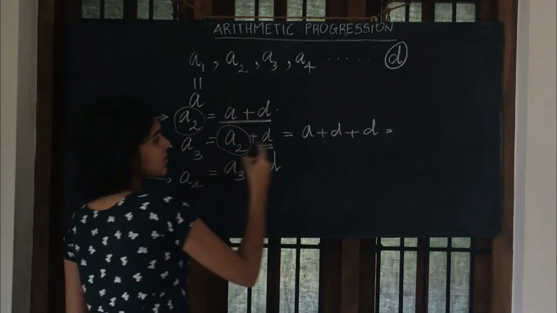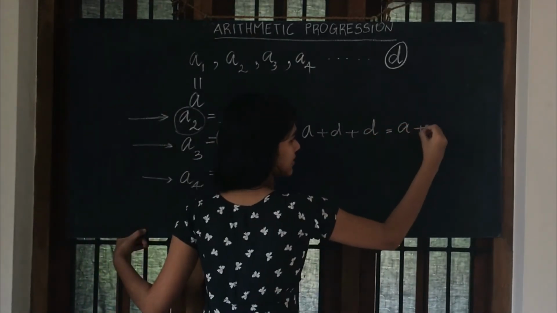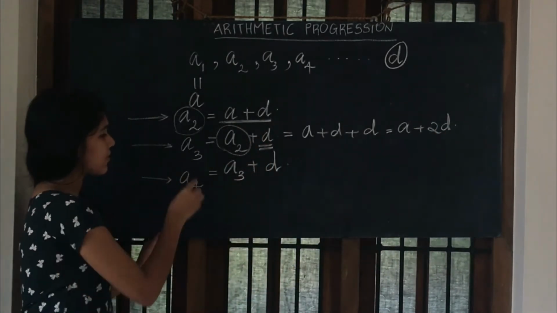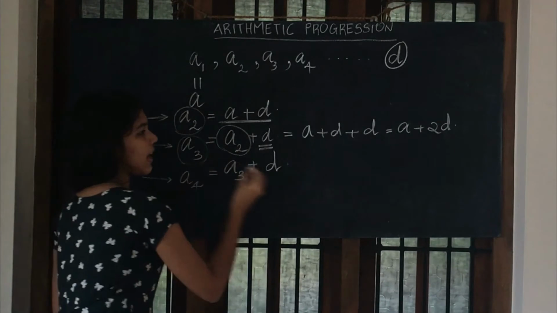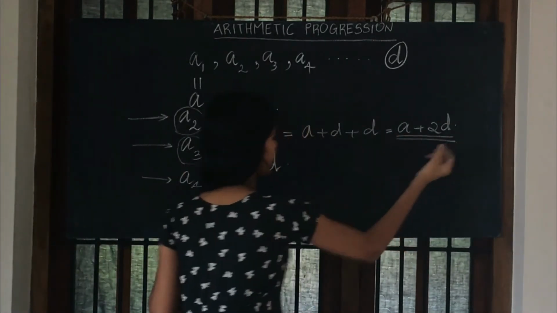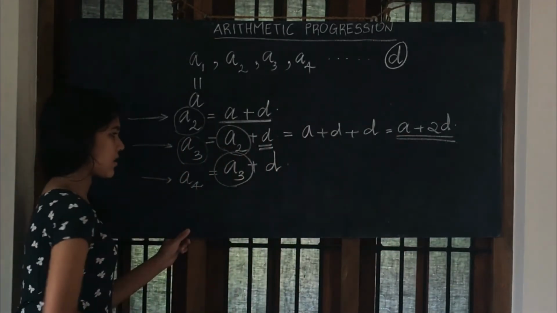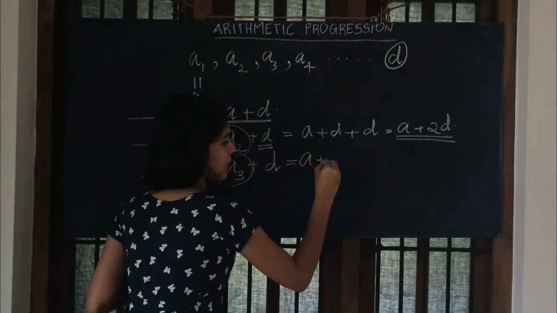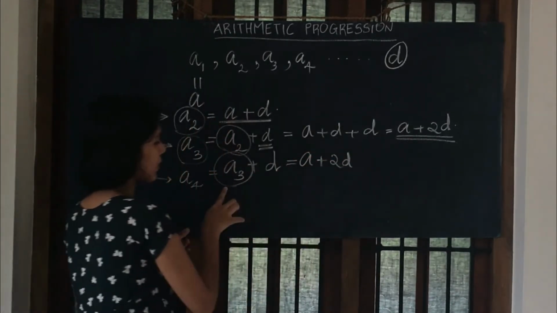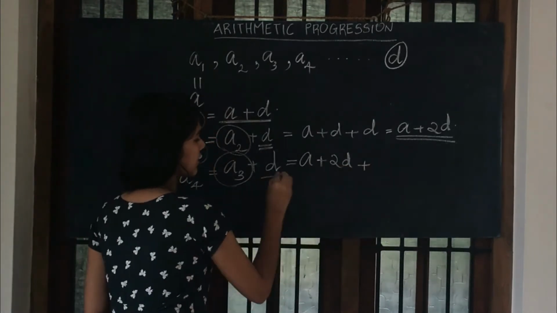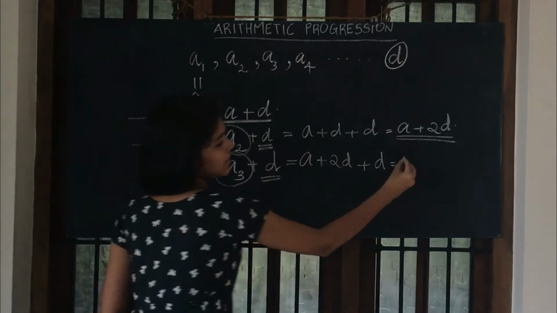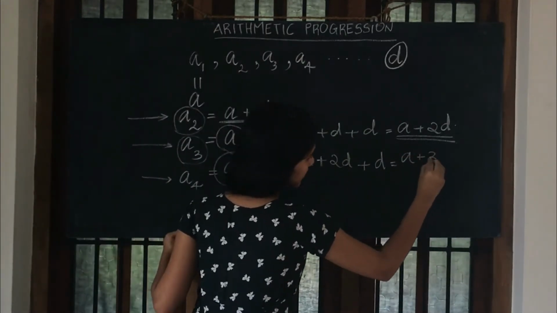Now A3 is equal to A plus 2D. Now I am substituting the value of A3 as A plus 2D in this equation, so that A4 converts to A plus 2D, which is the value of A3, plus the D which is already here, A plus 2D plus D, which is equal to A plus 3D.